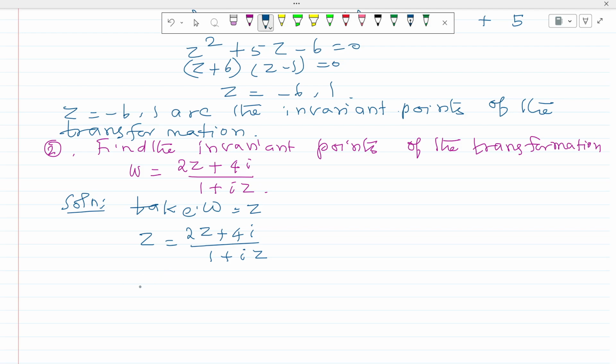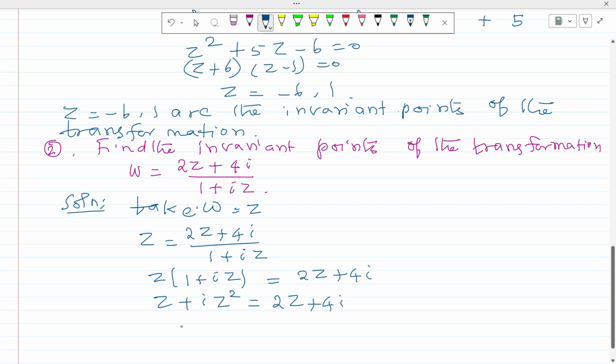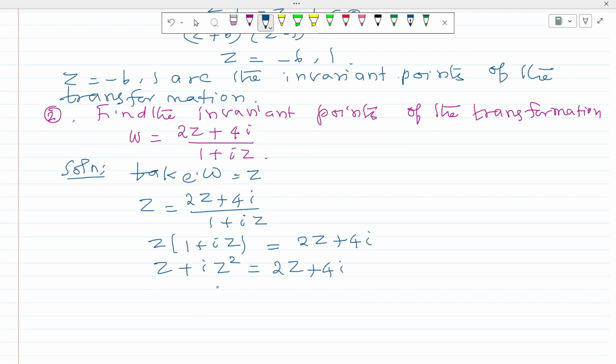Cross multiply that, and we get z into (1 plus iz) equal to 2z plus 4i. Multiplying out, z plus iz square equals 2z plus 4i. Then we get iz square minus z minus 4i equal to 0.